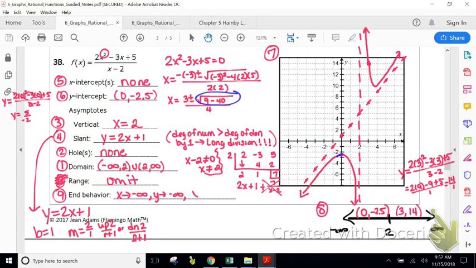And then as my x's are going to the right towards positive infinity, what's happening to those y values? Over here it's going to infinity. I didn't put my y. Y is going to infinity.